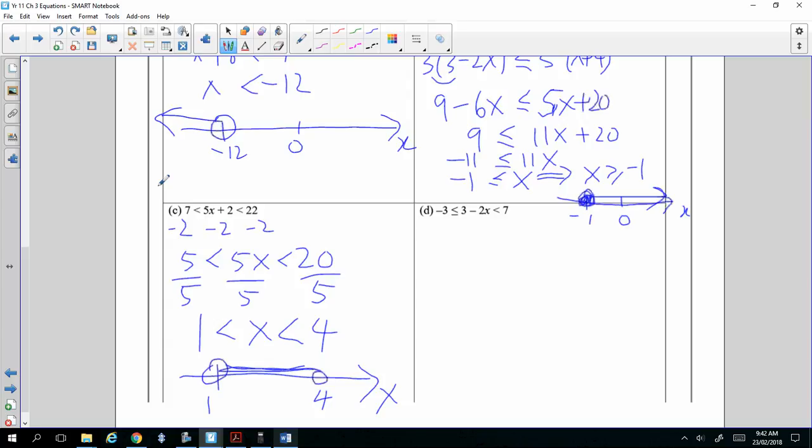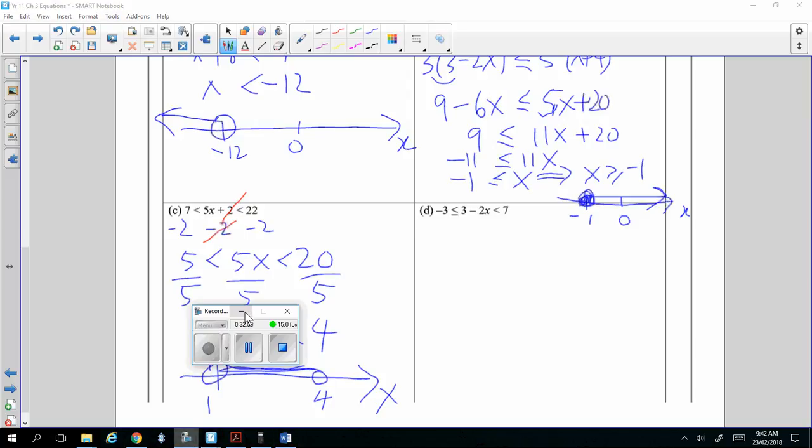That's why I subtract by 2. All right, try the last one. We've got one more to go through.